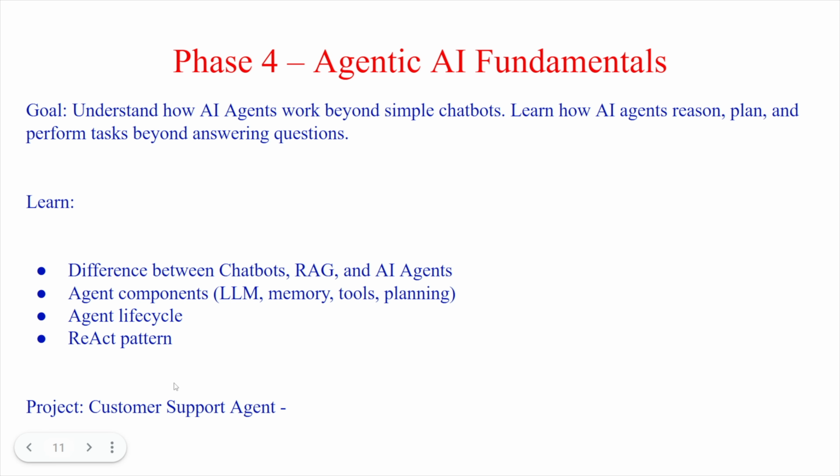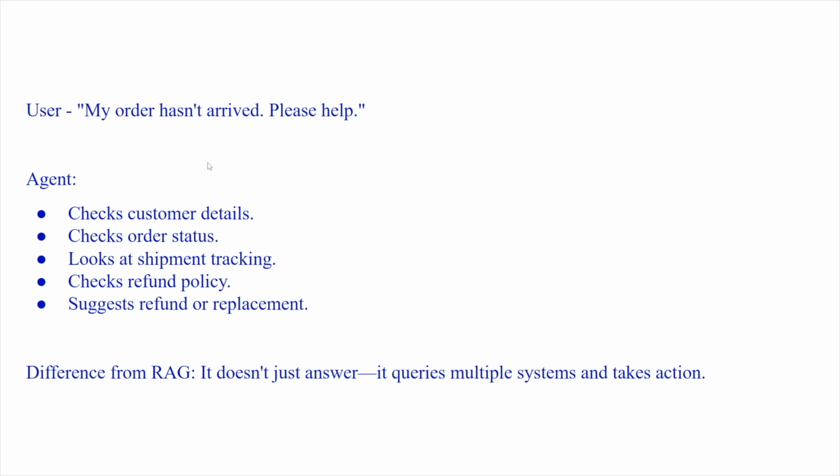For example, a customer support agent is asked, "Where is my order? Please help. It has not arrived yet." It is not just question and answer. The agent will check the customer details, check the order status, look for shipment tracking, check the refund policies, and suggest whether you want a refund or a replacement. These are 5 steps where it plans, does, validates and answers you.